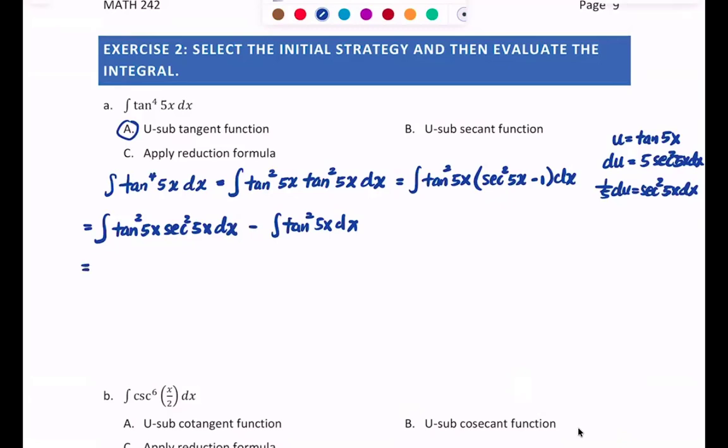So the first one, we have it set up perfectly for the U substitution. For the second one, because it's squared, we convert it to secant squared minus 1. Okay, we don't need U sub for the second part. So now we are ready to integrate.